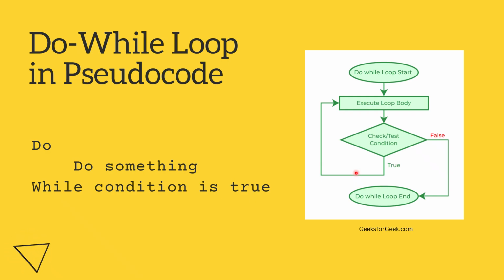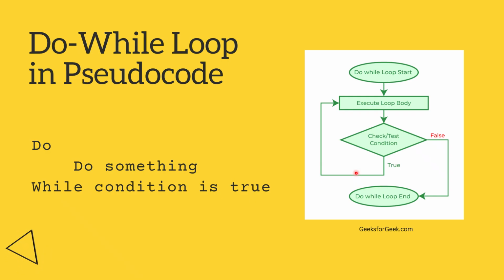So an example of it, do the dance move once, then repeat it until the music stops. Okay, so that means you must do the dance move at least once, okay? And then you check the condition. The condition: has the music stopped? Now, if the condition is true, okay, music is still playing, then you keep repeating.